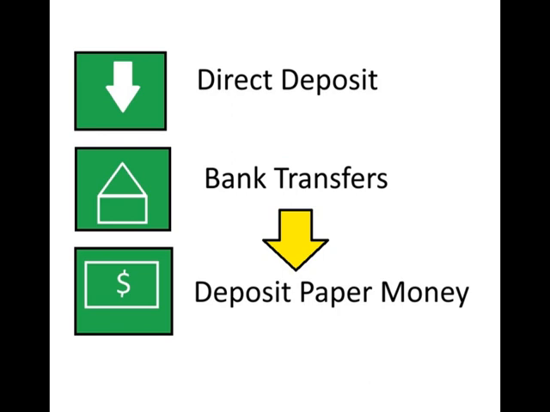You can see I've got the next illustration up here right now. You'll see a list of options, and one of those options says deposit paper money. What you do is tap with your finger, hit deposit paper money, and boom, it takes you to the next screen. The next screen will come up with some kind of a map.